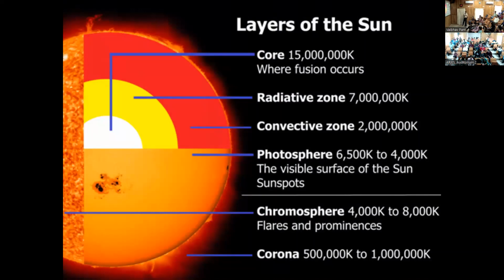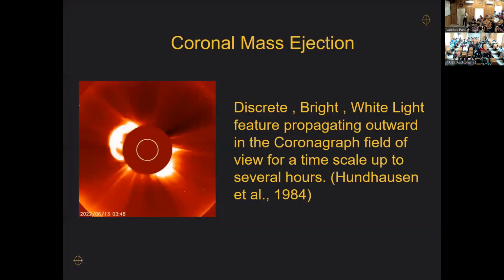We are all familiar with the layers of the sun: from the core to the radiative zone, convective zone, and then the visible outermost layer, the photosphere. Then the atmosphere of the sun starts, from the chromosphere to the corona. What is interesting about coronal mass ejections is that the major, intense geomagnetic storms driven by the sun's activity are driven by coronal mass ejections.